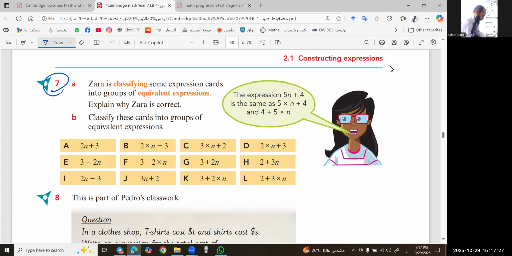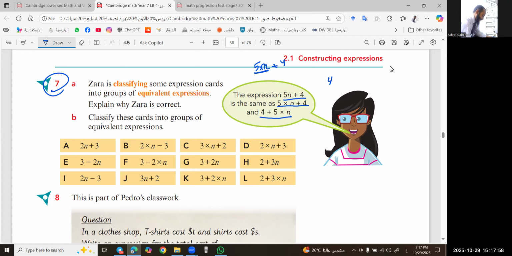Exercise 7. Zara is classifying some expression cards into groups of equivalent expressions. What does equivalent expression mean? Like this: 5n plus 4 equals what? Equals 5 times n plus 4, or equals 4 plus 5 times n. Why? In 5n plus 4, we have a number and then a letter, with an implied multiplication symbol.